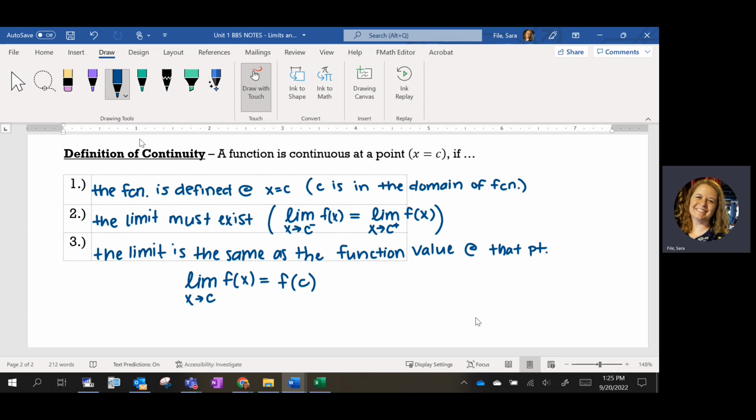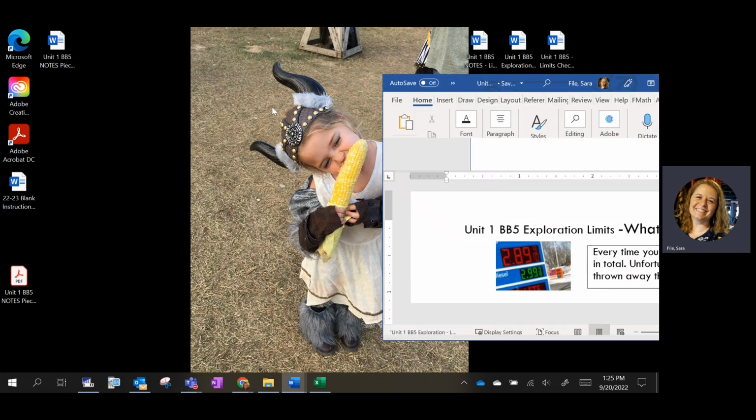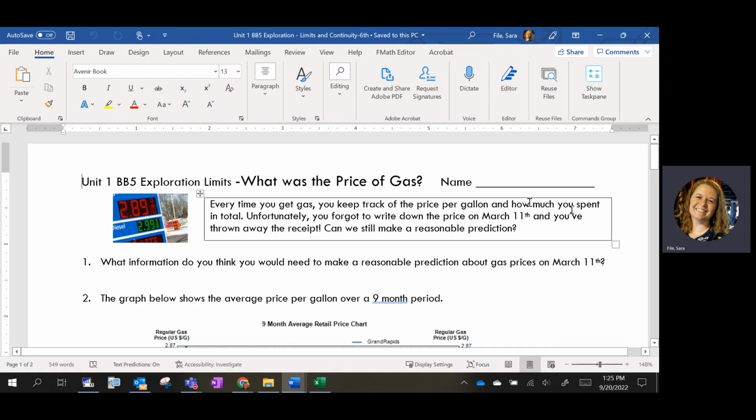So that's what I mean when I say it has to meet these three conditions to be continuous. Let's look at the exploration page that you got last Thursday. I believe most of you were confident with the front, the one that says, what's the price of gas?